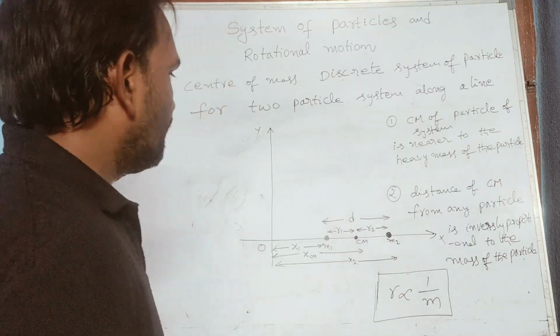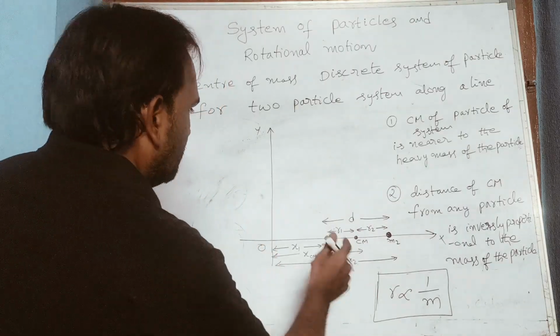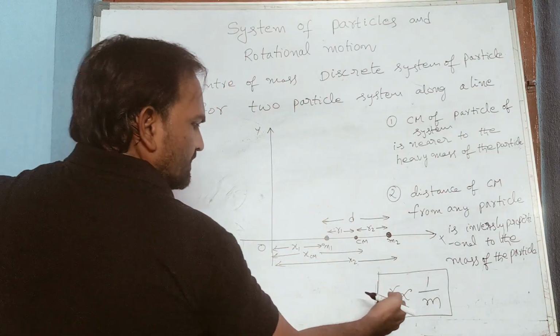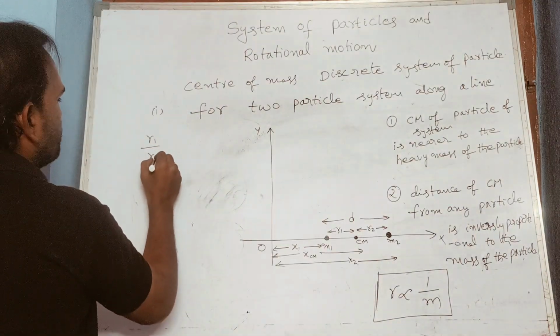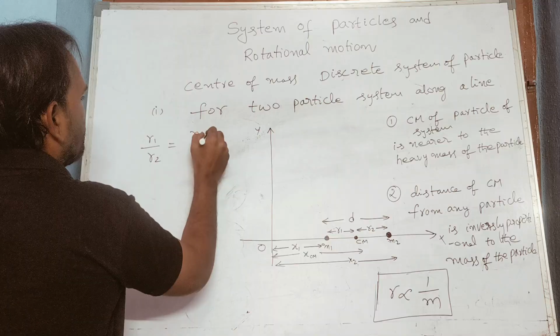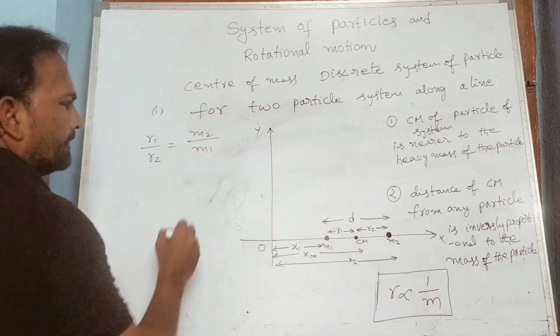Okay, students, from this diagram, observe carefully. From this formula, R is proportional to 1 by m, so how can you write this? R1 by R2 is equal to m2 by m1.